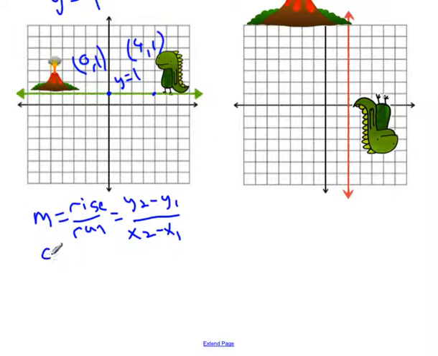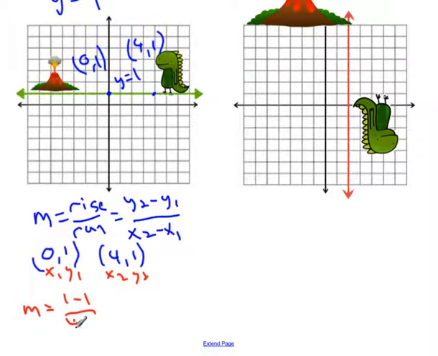So we have 0, 1, and we have 4, 1. And let us now name each of those pieces. Let's have x1, y1, and x2, y2. So let's put that in the equation. M equals 1 minus 1 over 4 minus 0.